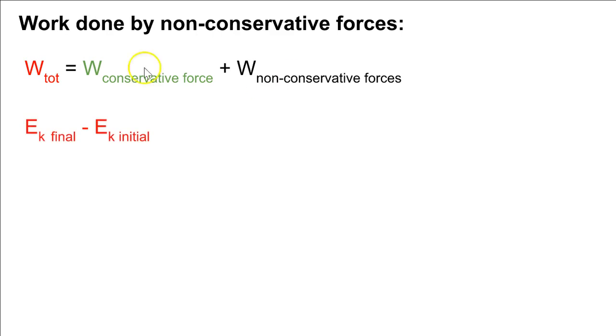So for that we can say from the work energy theorem, we know that the total work done is equal to the final kinetic energy minus the initial kinetic energy. That is my work energy theorem. So instead of work total, I can write kinetic energy final minus kinetic energy beginning. We also just saw 2 slides back that the work done by the conservative force is equal to minus the change in potential energy.